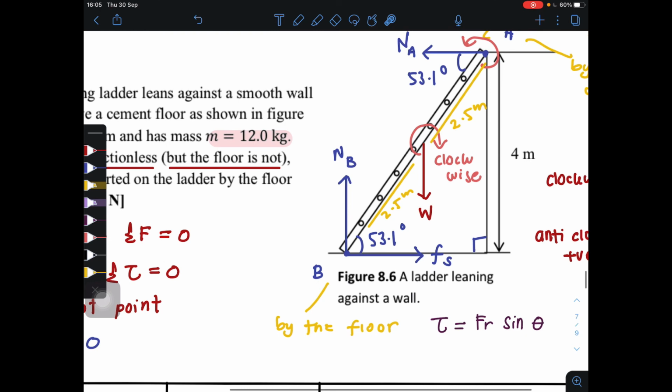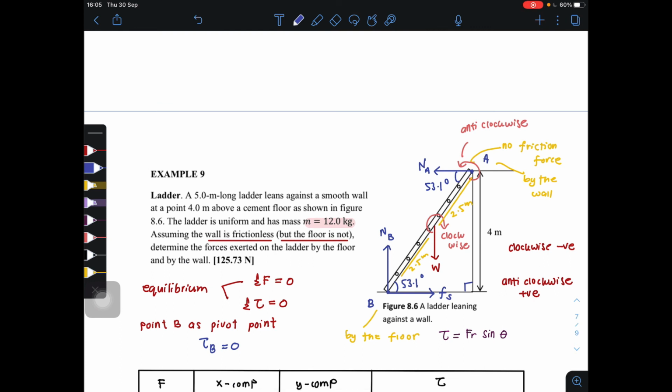We need to find the angle here. So angle dekat sini, tolak je lah 53, sebab this one kan kalau kita lukis dia semula macam ni, dia akan jadi triangle juga. So here will be 90. So 90, this one 53. So kena tolak lah. So the angle here, okay, kita tolak dahulu. So the angle will be equal to 180 minus 90 degree minus 53.1, and then kamu akan dapat 36.9 degree.